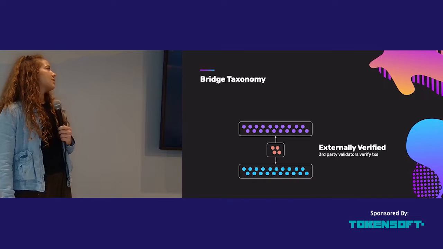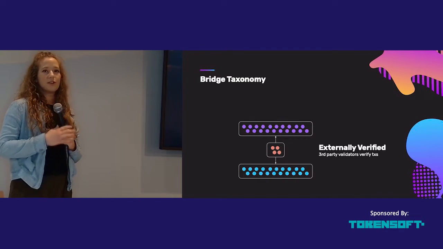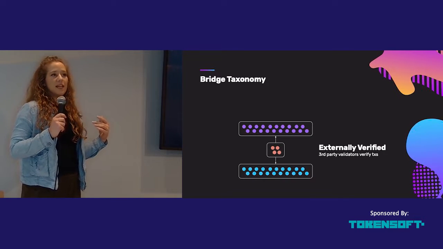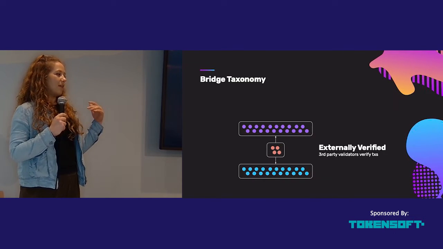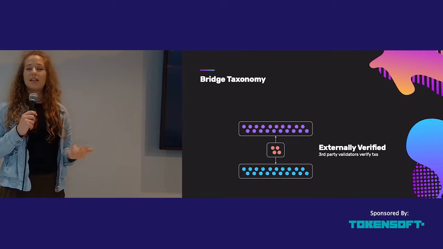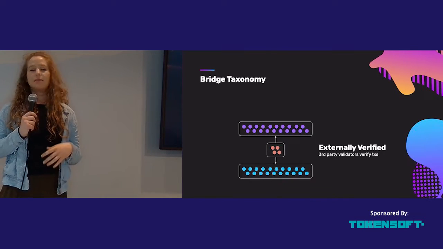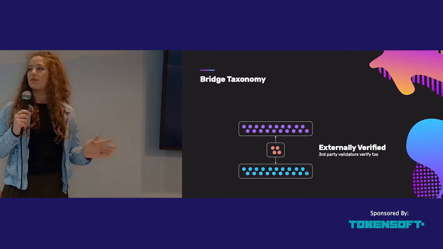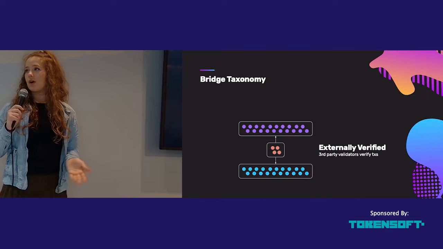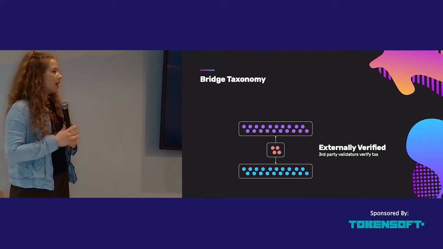You also have externally verified bridges. These are also known as multi-sig bridges. Basically, what this means is that you have a group of bridge validators who may be incentivized through staking and slashing, or they help run the project for whatever reason, but they are the ones who are validating deposits and withdrawals into and out of this bridge.